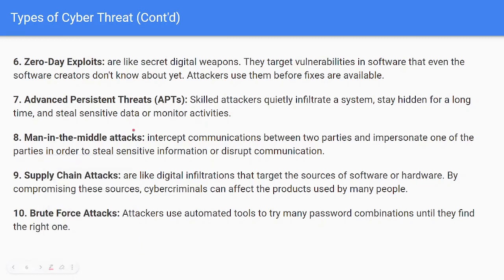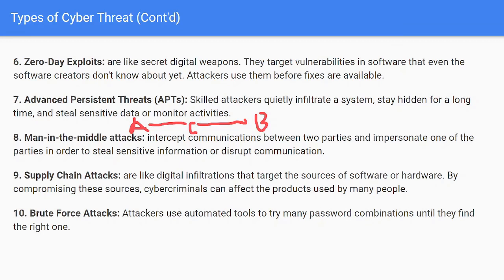Then C comes in the middle and is eavesdropping. So C can hear what A is telling B and what B is telling A. And it can go further, in the sense that you can even edit information.